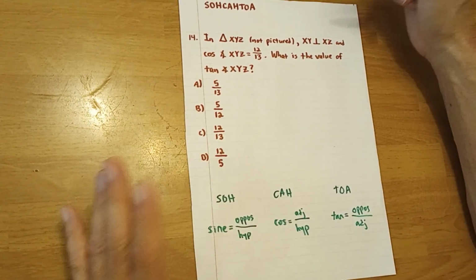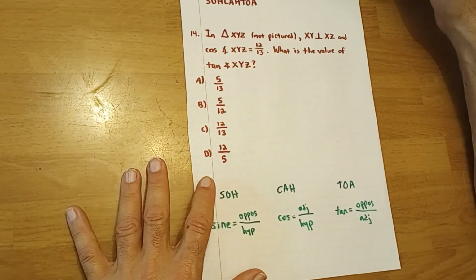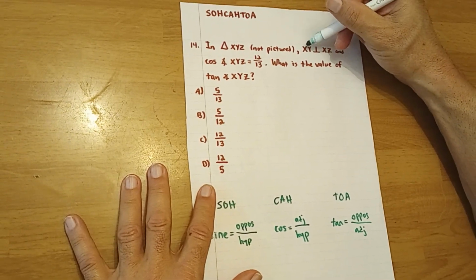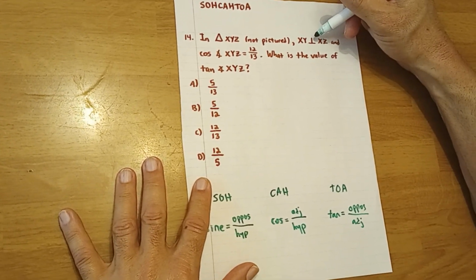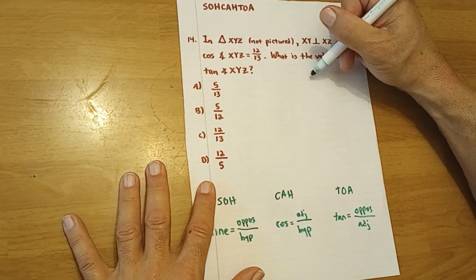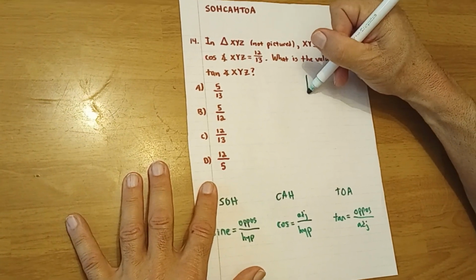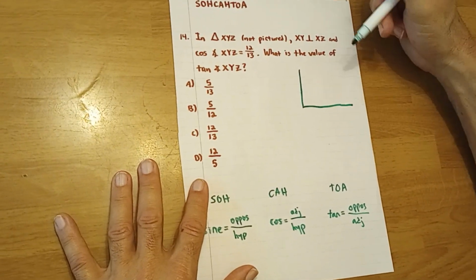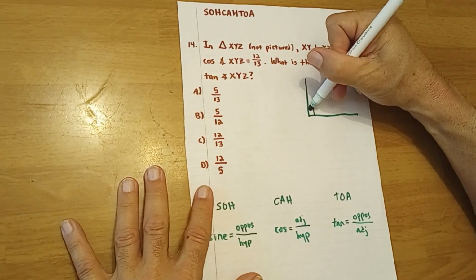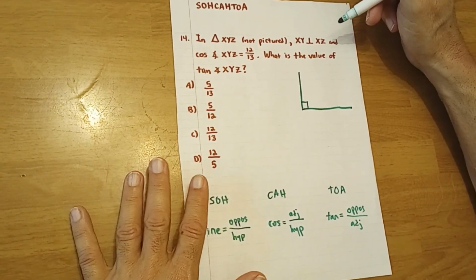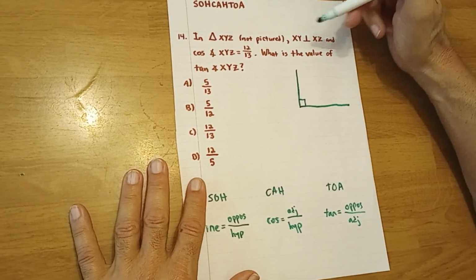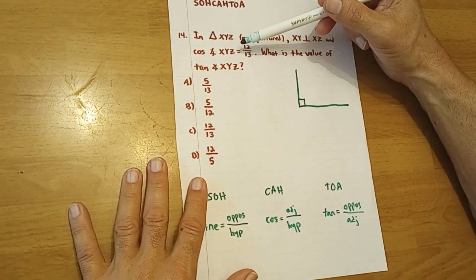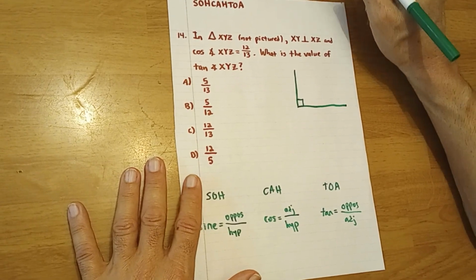Okay, well, first let's draw this because this is confusing if we don't have a picture to assign to it. So we know that side XY is perpendicular to side XZ, right? So let's kind of do this. And then this forms a 90-degree angle. And then they're saying the cosine of XYZ is 12/13.